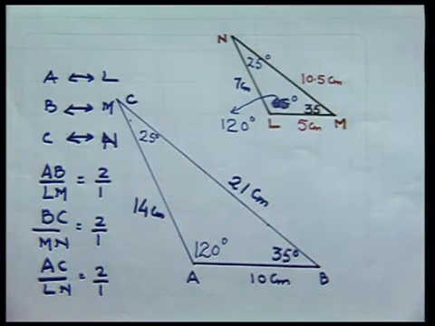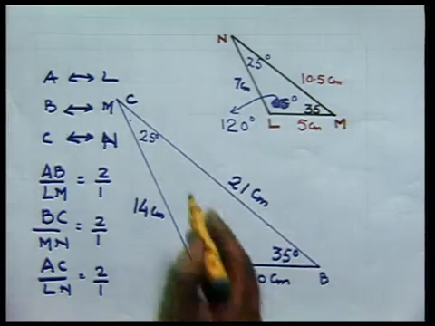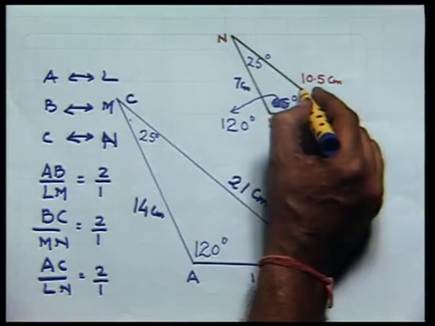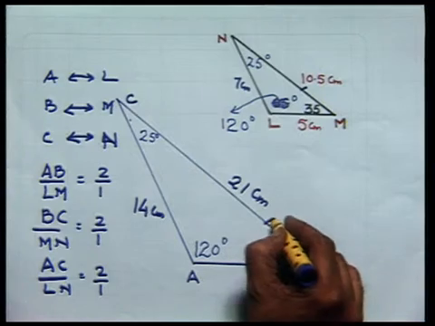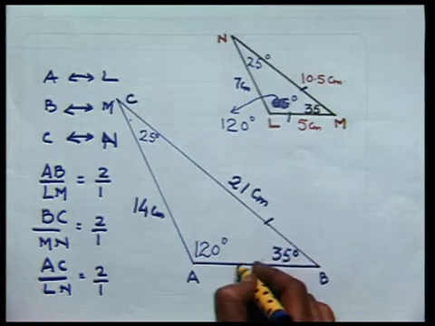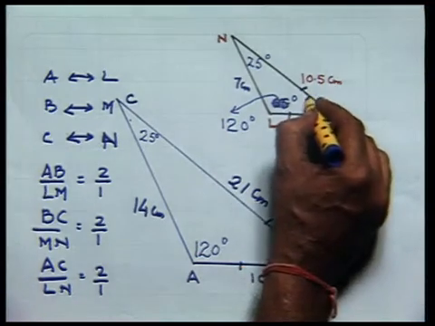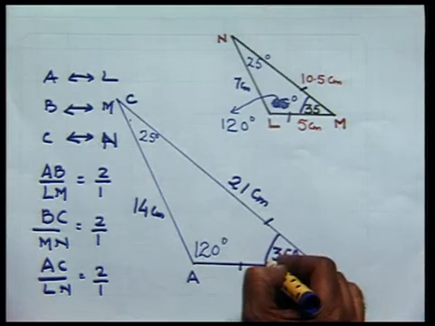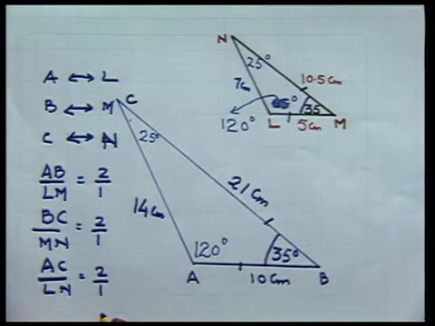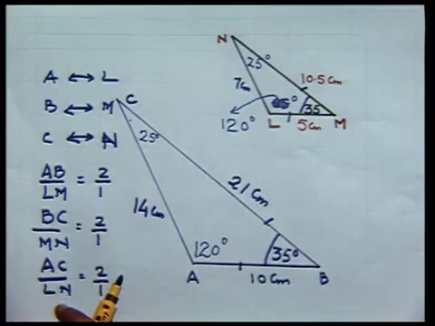So when it was given that the triangles have two sides, this side was proportional to this side and this side was proportional to this side, and the included angle is equal to this included angle, the other conditions for similarity are automatically satisfied.